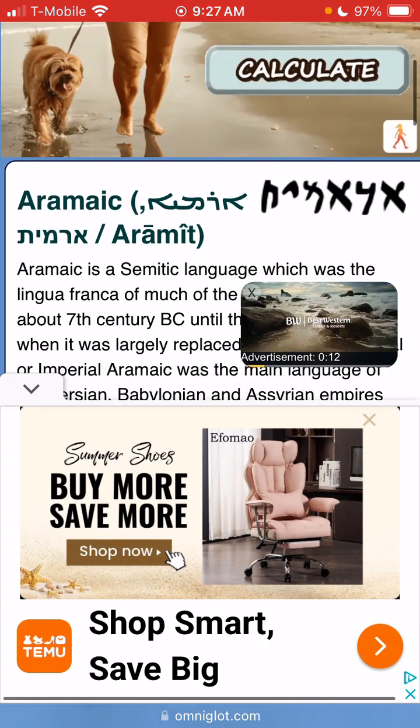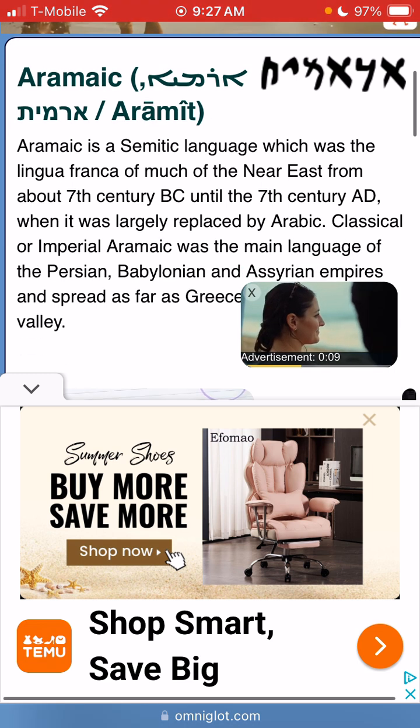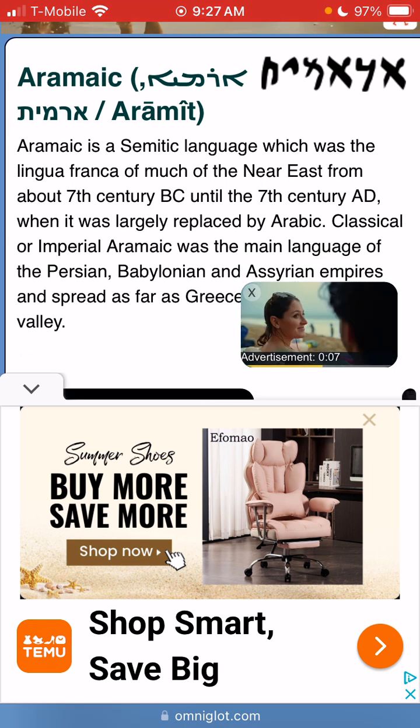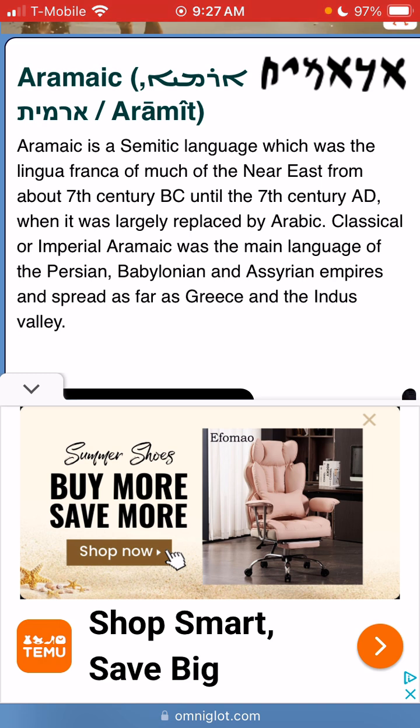So if that was the main, classical or Imperial Aramaic, let's read the top. Aramaic is a Semitic language which was the lingua franca, which I believe means the main language of much of the Near East.